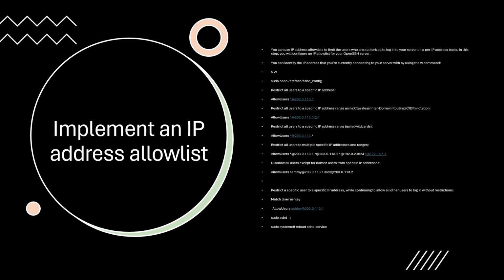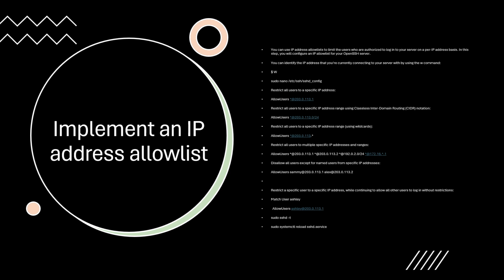So you'd use AllowUsers, and you'd list whatever range your IPs are in. So this one is 203.0.113.1, 203.0.113.2, 192.0.2.0/24, and the last one is 172.16.*.1, where the star means all.